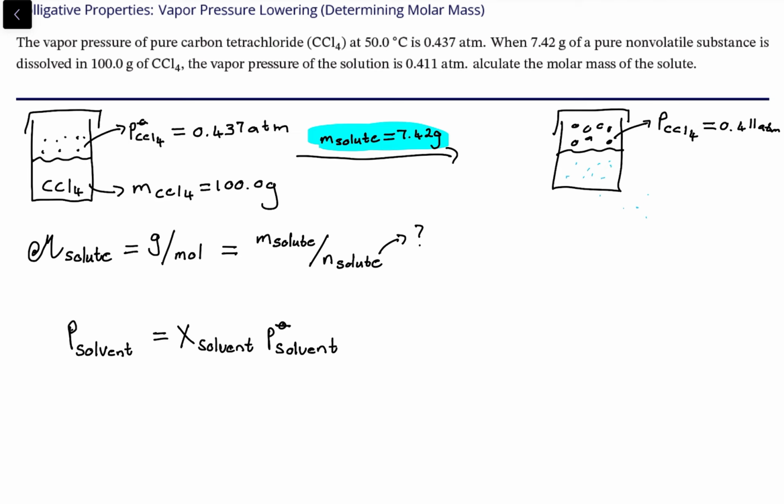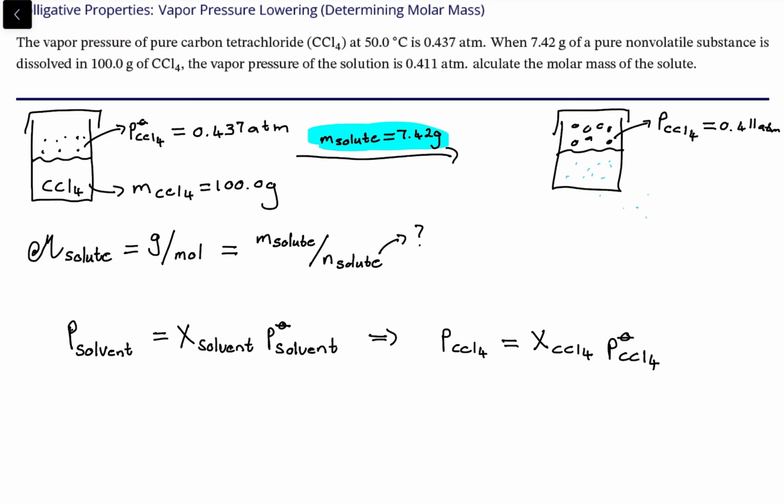If we write that in terms of our situation, it's the vapor pressure of carbon tetrachloride over the solution equals the mole fraction of carbon tetrachloride multiplied by the vapor pressure of pure carbon tetrachloride.